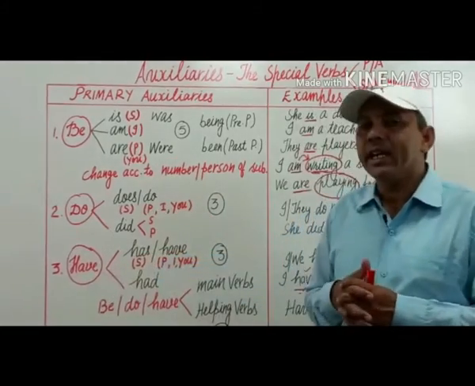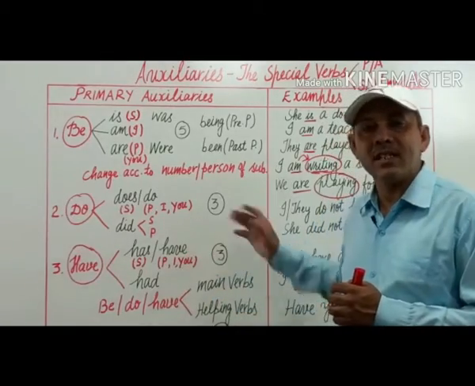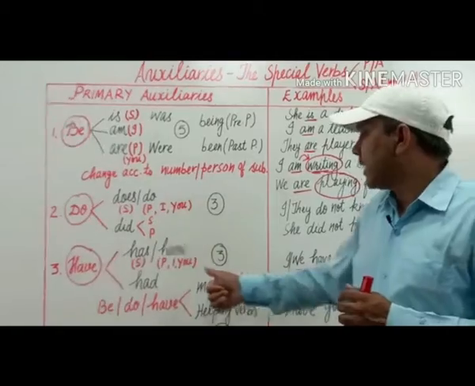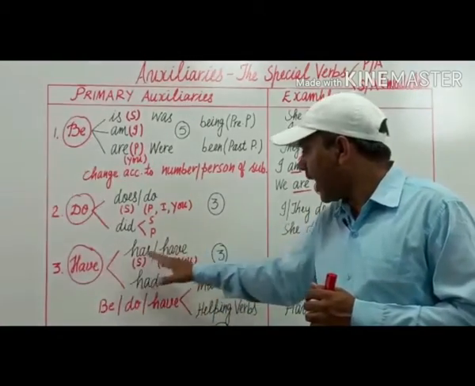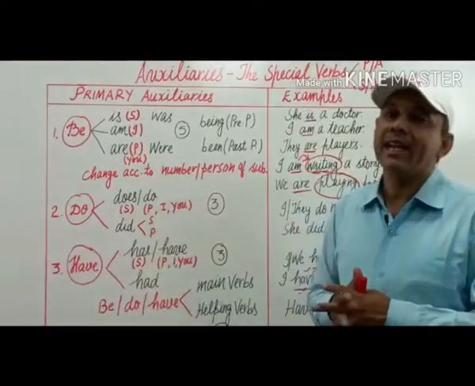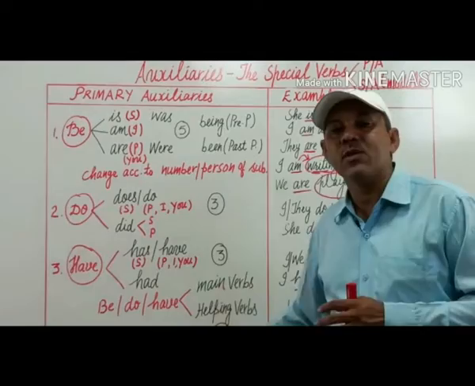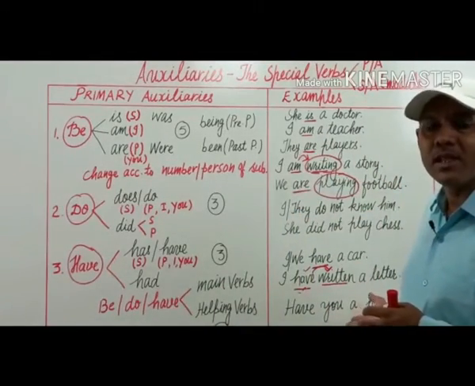And have has 3 forms: has and have, to make present tense, present perfect tense, and had, to make the tense into past perfect tense. In this way, we use has, have, and had as primary auxiliaries in 2 forms, as main verbs as well as helping verbs, as you have seen in these examples.